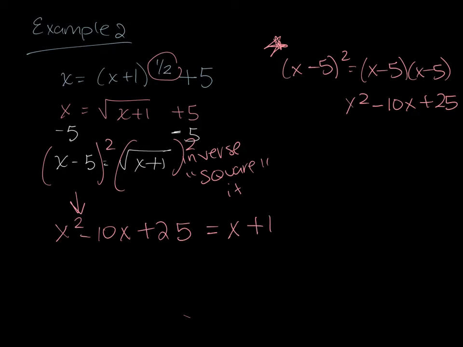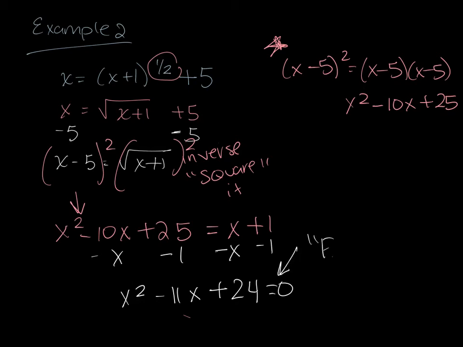Okay, now I need to get everything on one side. So I'm going to move the right side. I'm going to subtract x and subtract 1. So now I get x squared minus 11x plus 24 equals 0. Well, guess what we're going to do in this situation? We're going to factor.